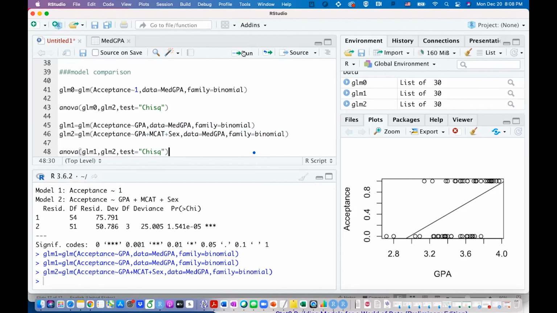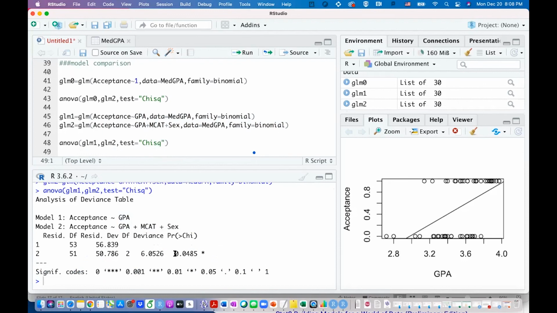I can run that line, and I get a p-value that is a little bit smaller than 0.05. So that means model 2 is better than model 1. We are rejecting the first model here, and we are thinking maybe at least one of the two variables here is significant.